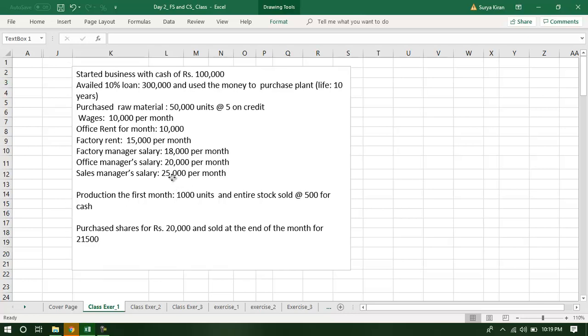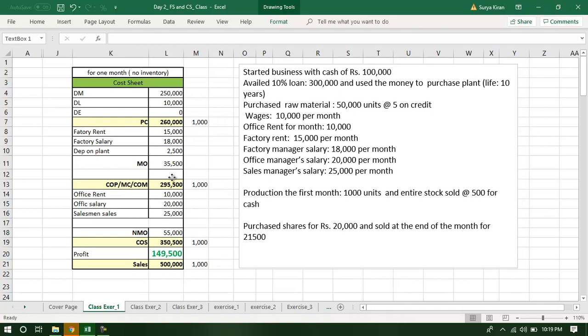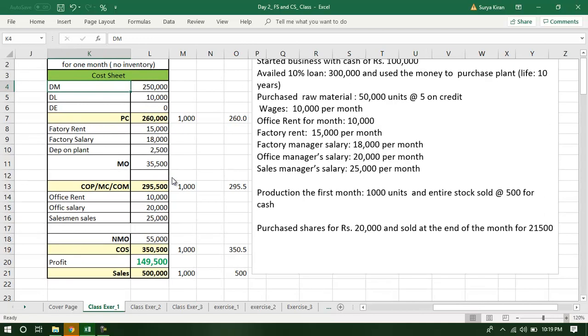Now let us convert this information into a cost sheet. So the cost sheet looks like this. The direct material is 50,000 into 5, that is 250,000.